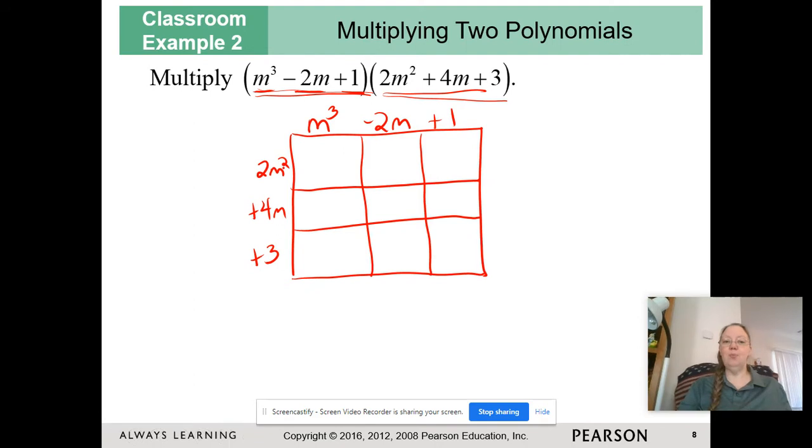Now, the way we do this, or how people came up with this idea, was they actually came up with the idea for area. So let's suppose I have a rectangle, and this side is going to be 4 plus 2 units long, or altogether it's going to be 6 units long.